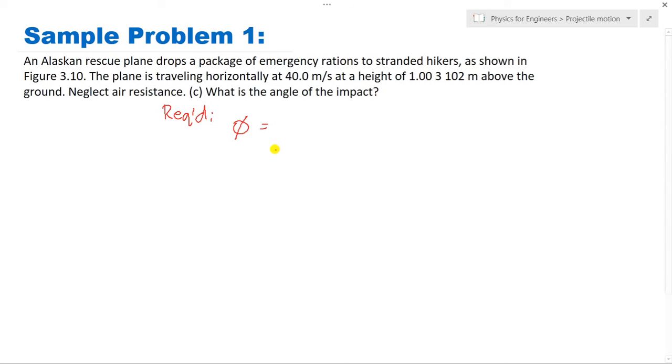So this phi indicates our impact angle. So therefore, kung ito yung plane natin, position ng plane, it drops a certain package to this final position. Therefore, angle of impact is ito.